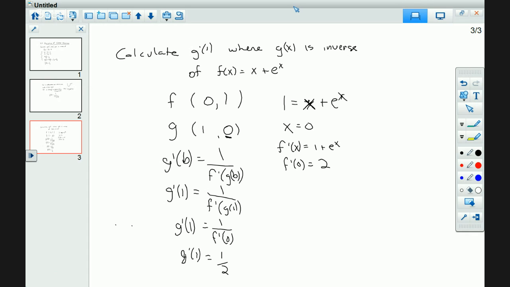There are inverses of all the 6 trig functions. Those are in your book. You want me to write it down?